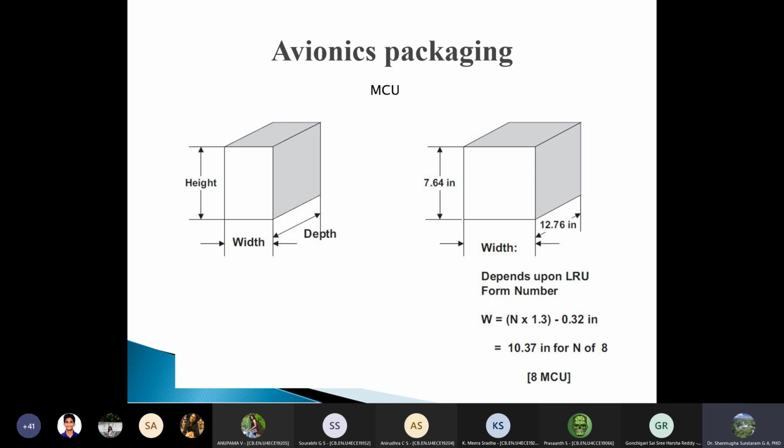All of these are clearly specified so that if there is a requirement to service, it can be done in the shortest possible time. If it requires replacement, the whole unit can be replaced in the least time so that the aircraft can be brought back into service without too much delay. So that's the idea of the ATR, air transport radio, which is specified by Aeronautical Radio Incorporated, ARINC.